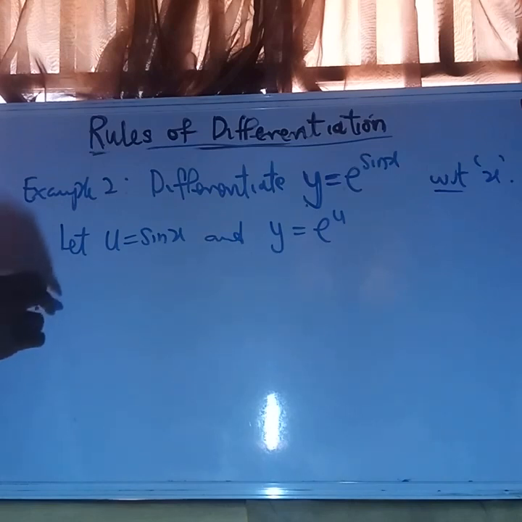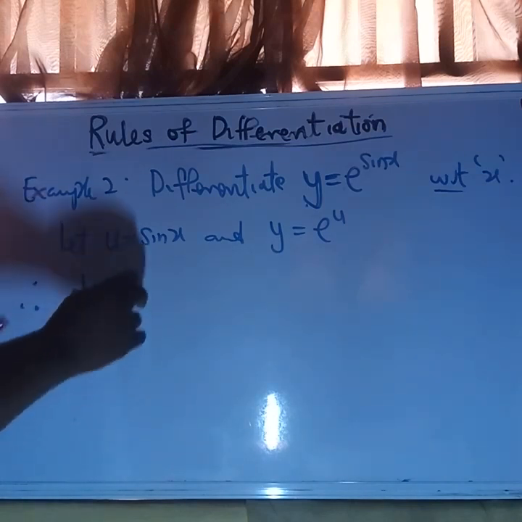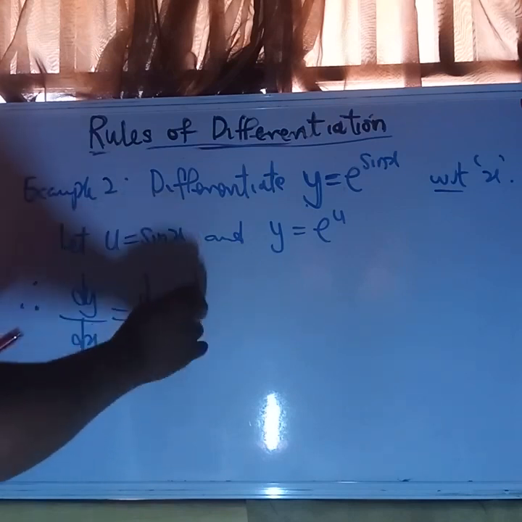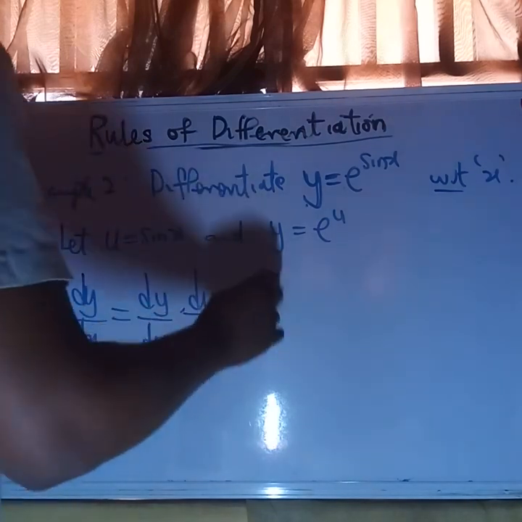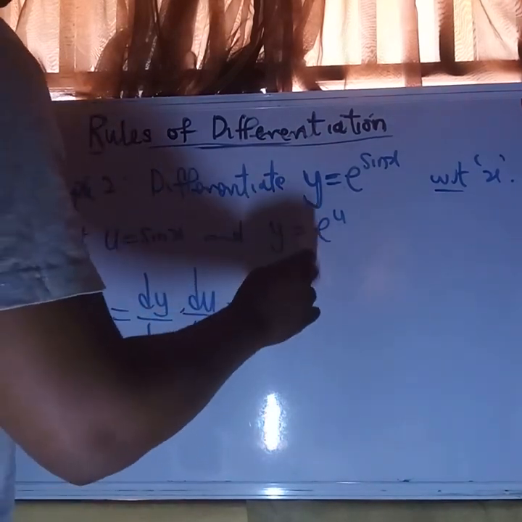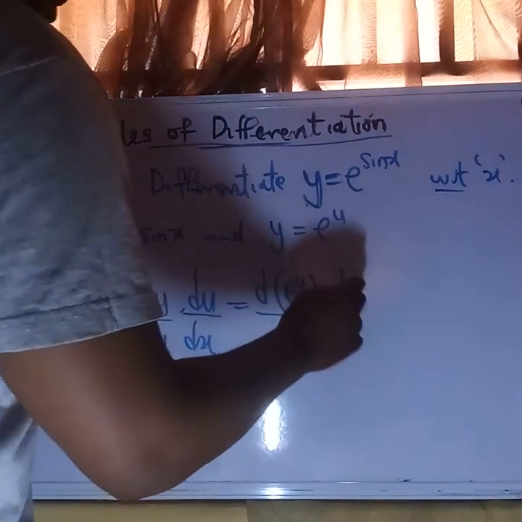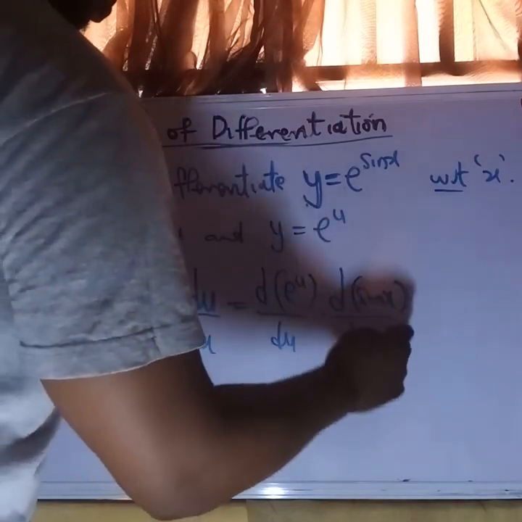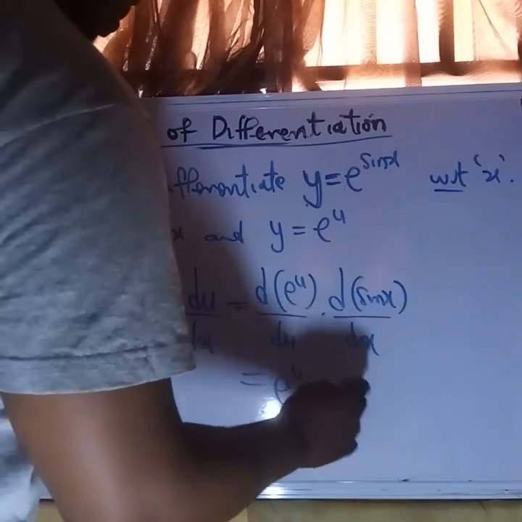Therefore, the slope dy dx is equal to dy du multiplied by du dx. Accordingly, this will be the derivative of exponential u with respect to u, multiplied by the derivative of sine x with respect to x, and this will be exponential u multiplied by cos x.